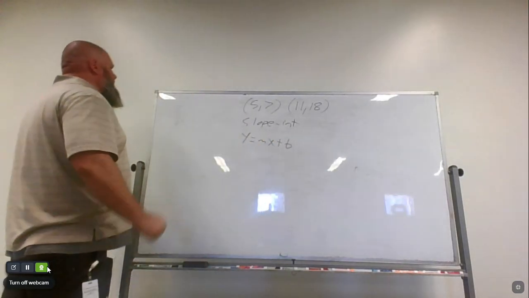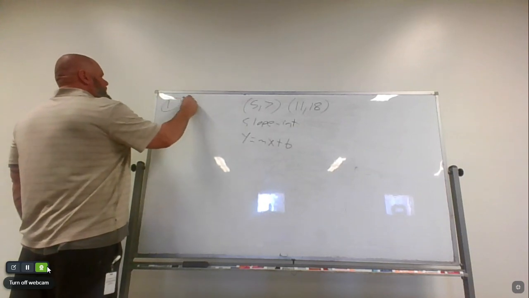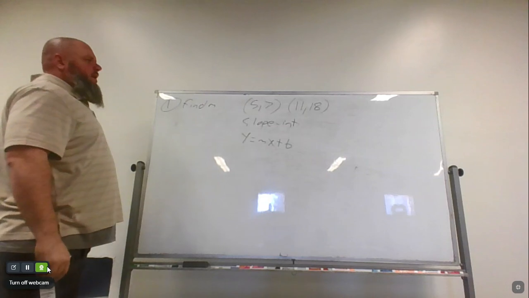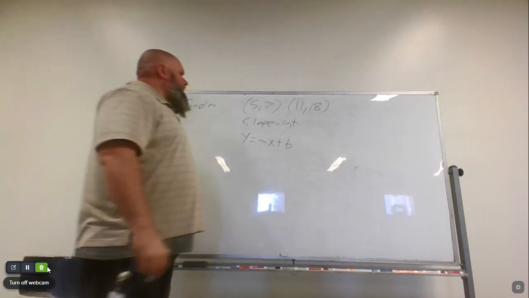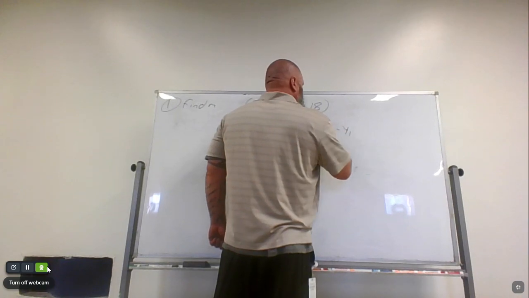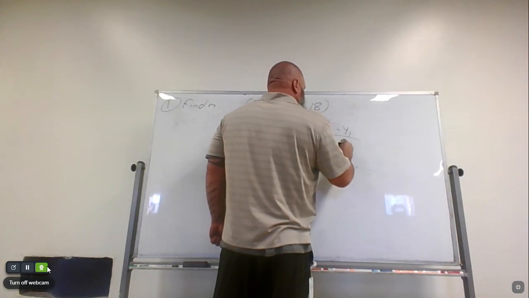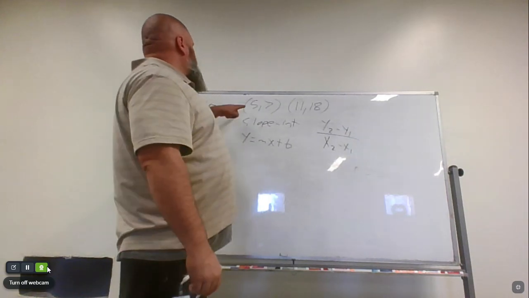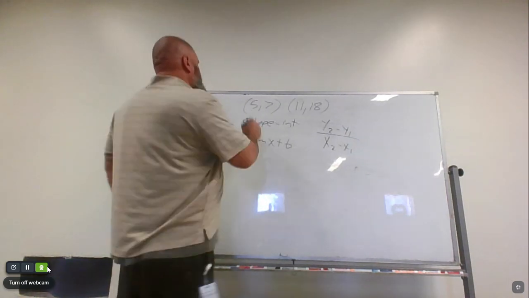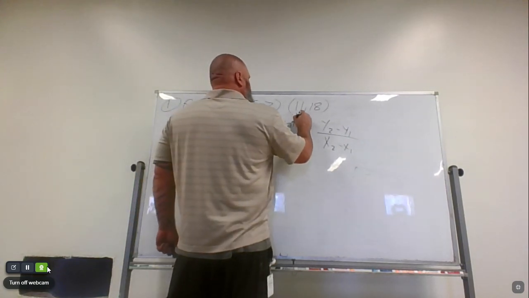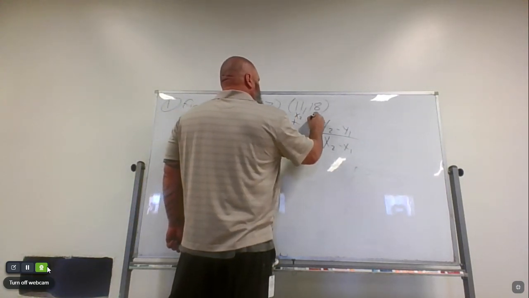Whenever you get something like this, step 1, find your slope. Find m. Now, we talked about this in an earlier video. To find slope, use y2 minus y1 over x2 minus x1. This is point 1. You're going to have x1, y1. This is point 2, so you're going to have x2, y2.